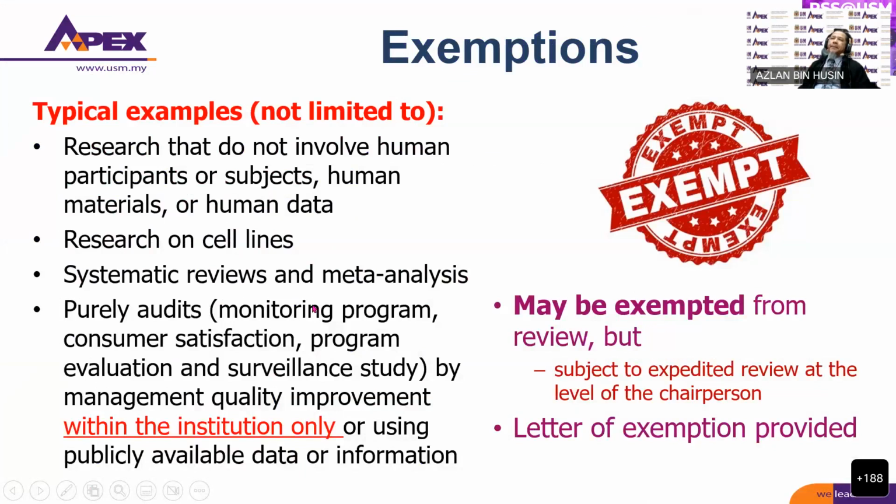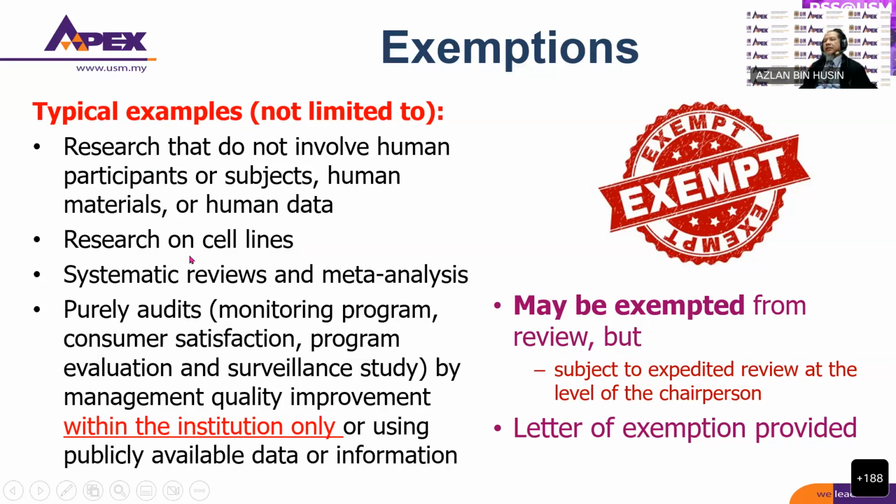But there are also exemptions. This is an example, but not limited to, for human research. For example, if you do research that does not involve humans at all, meaning there is no direct involvement, no human data, human material, or human samples, then it can be considered an exemption.